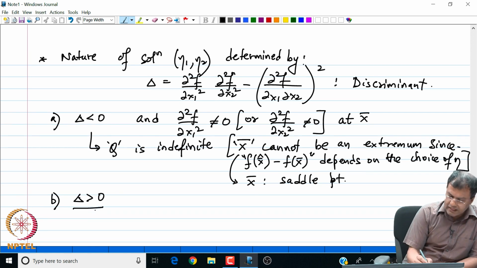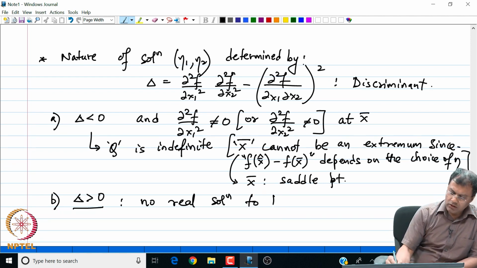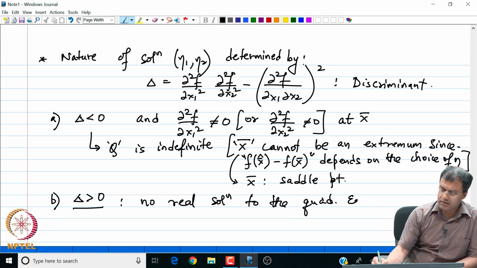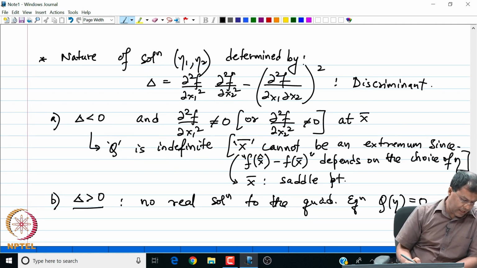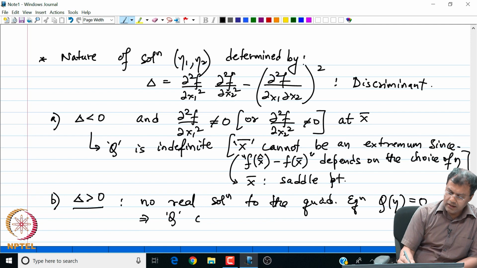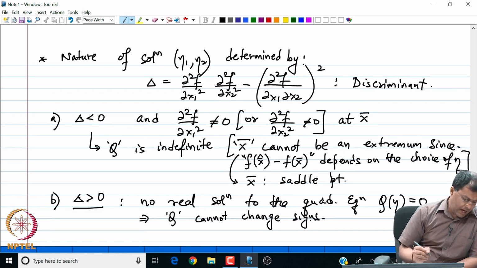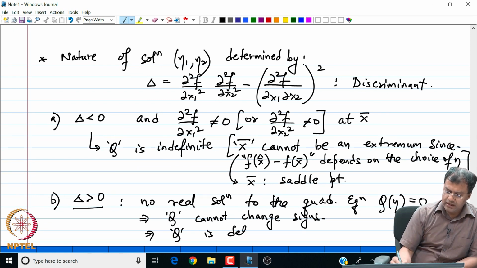So, if the discriminant is negative, we expect that there is no real solution to the quadratic equation given by q of eta equal to 0, which means that q cannot change sign, and in other words I say that q is definite.